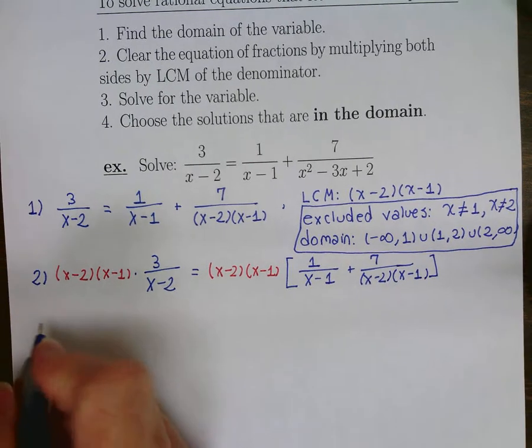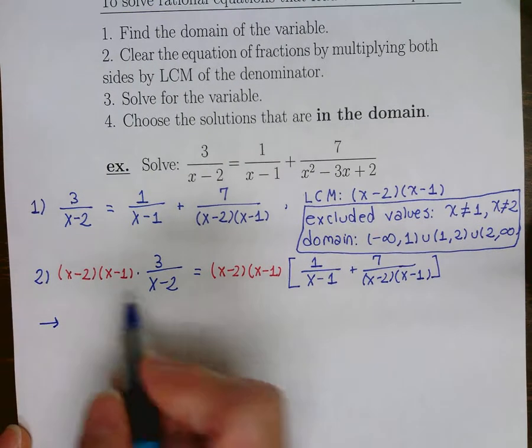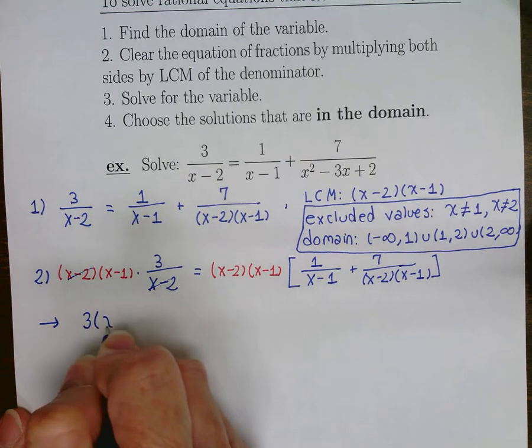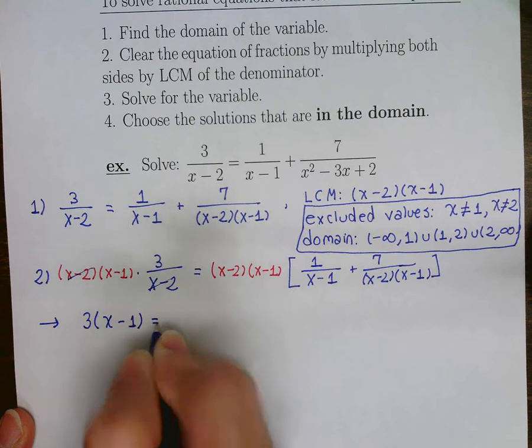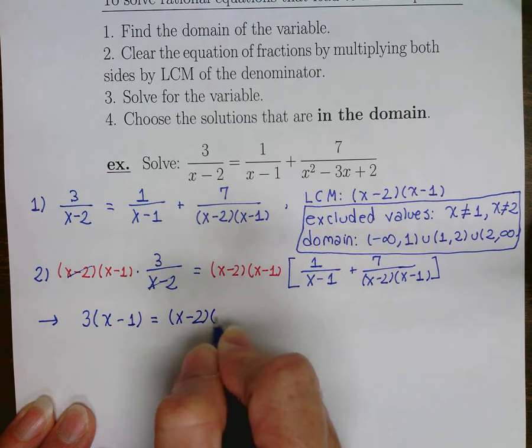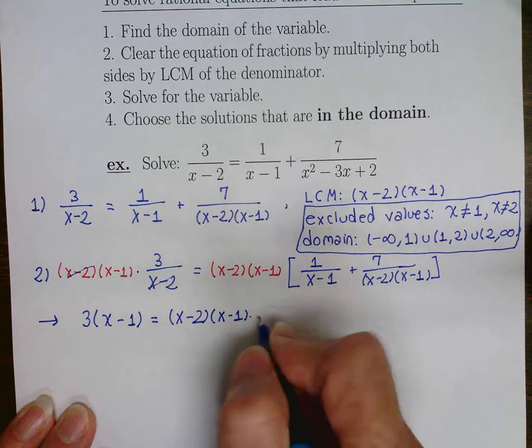Okay, so what happens when we do that? We can see that we're going to get a cancellation here. So we'll have 3 times x minus 1 equals, now when I multiply that, I have to multiply through each term by that least common multiple.